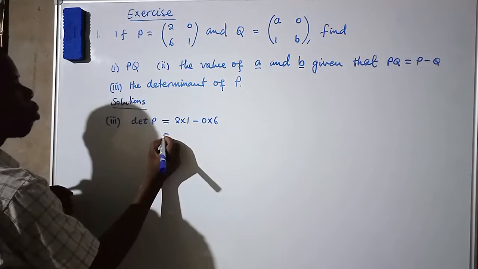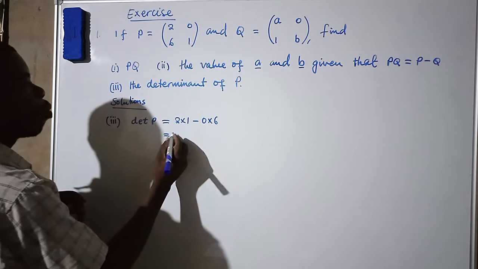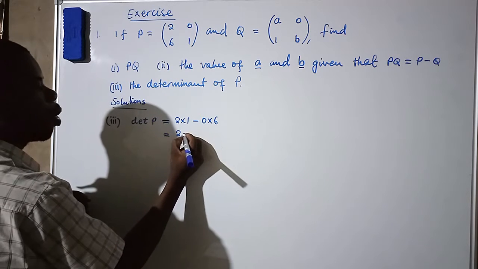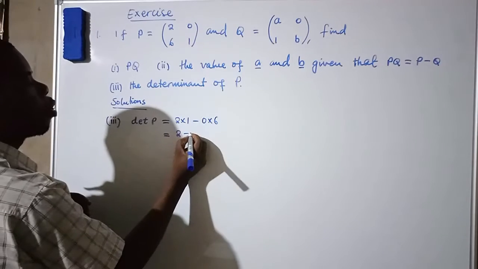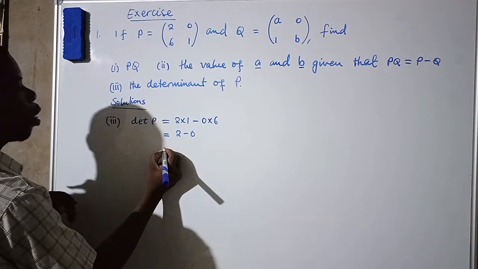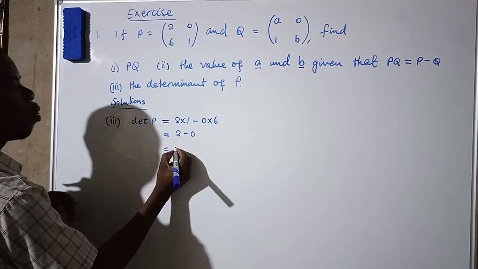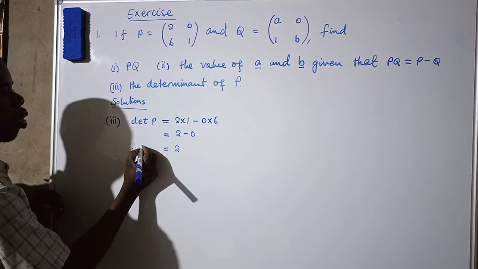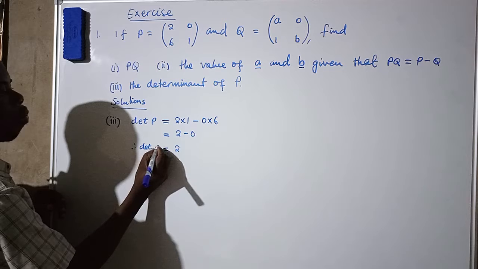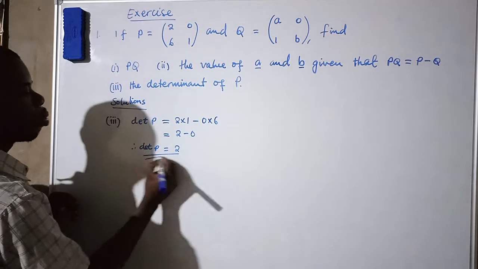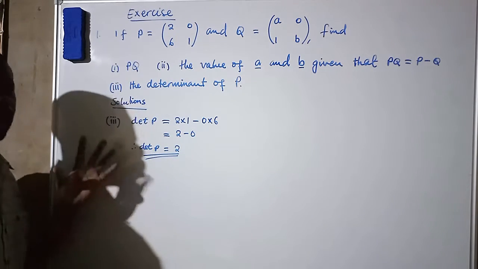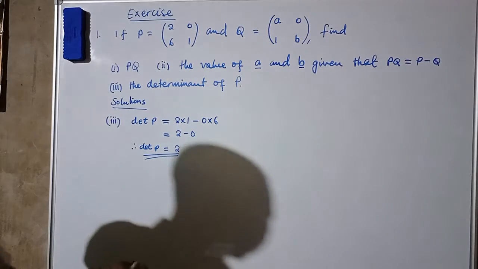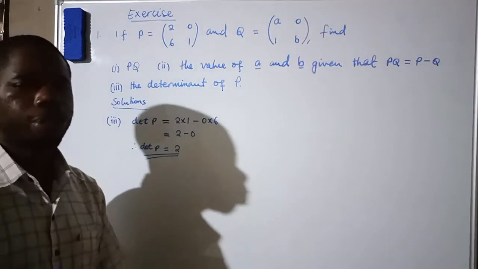So you say equals, then 2 times 1 will be 2, then put minus 0 times 6, it will be 0. Then you say equals 2 minus 0, it will be 2. So you say therefore, determinant of p is equal to 2. Okay? So this is how we answer most of the questions in matrices.